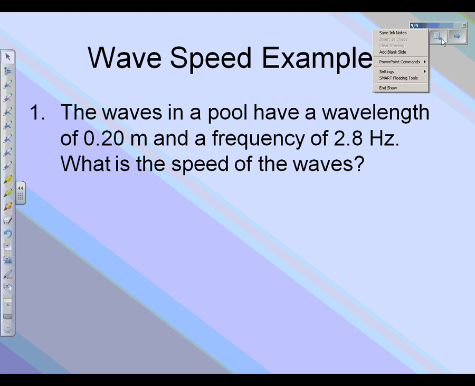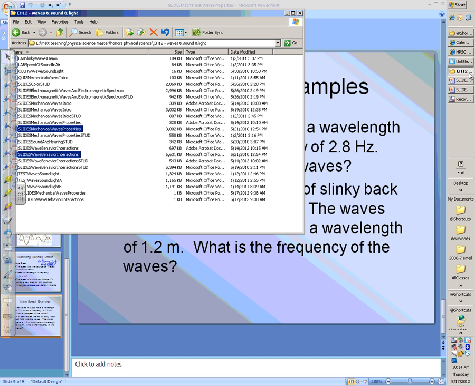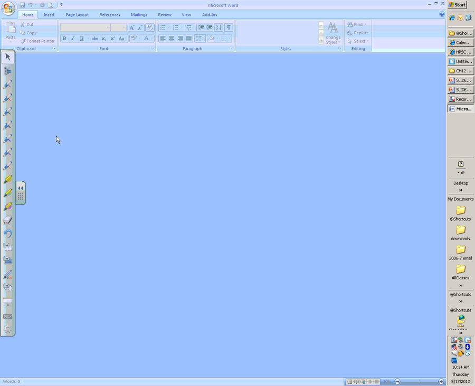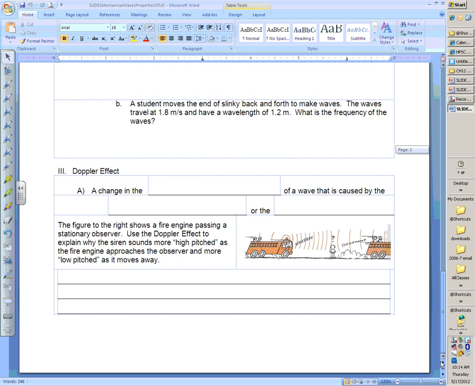There is some motion involved there. This picture illustrates that idea.